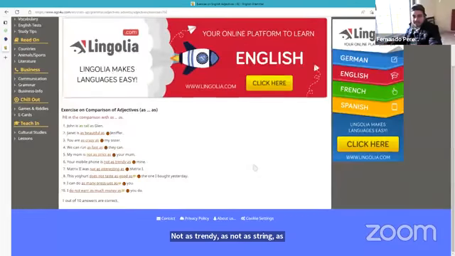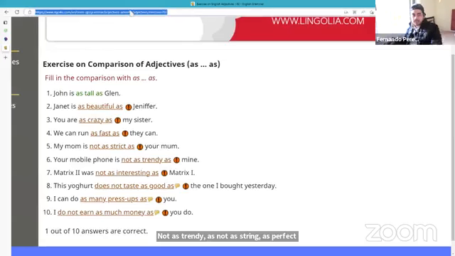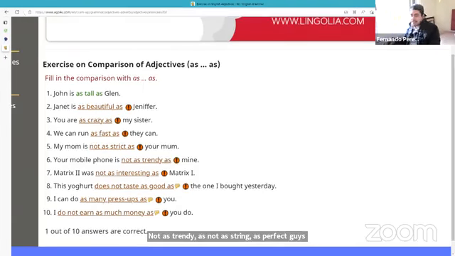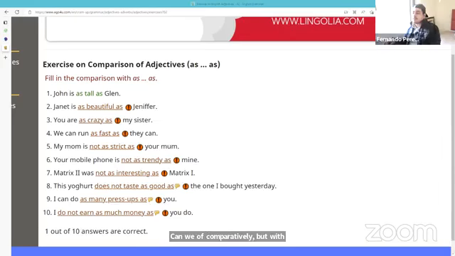Perfect, guys. Excellent job. You know what we're talking about. Tricky, of course. Not common. Teacher, tell me something: can we do an exercise with comparatives but with adverbs? Oh, if you want to. Oh, yes, of course.